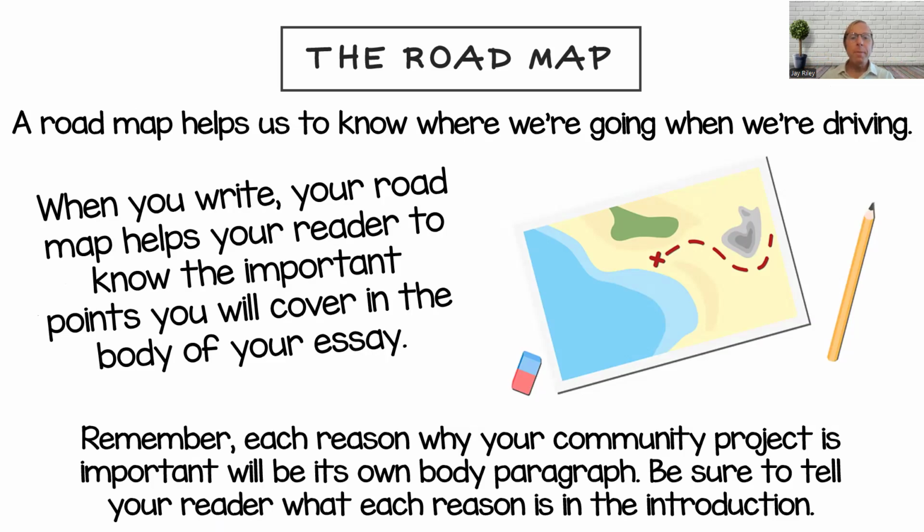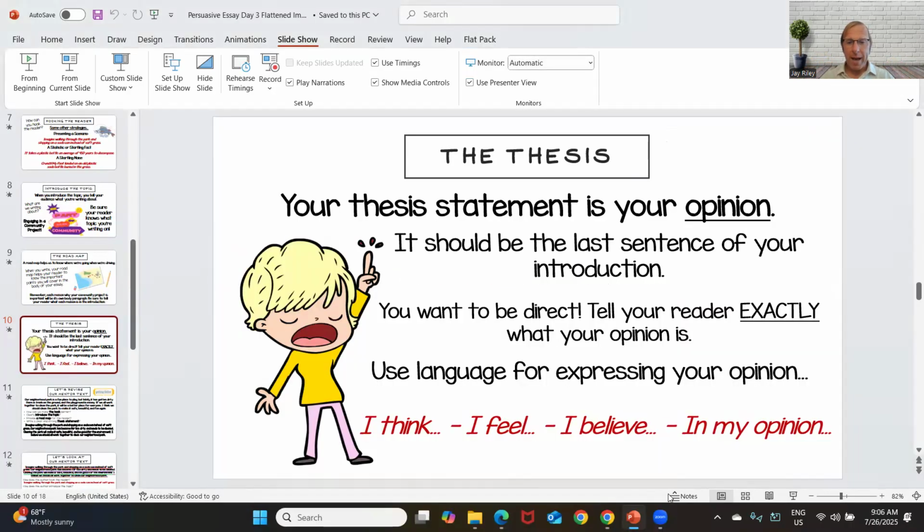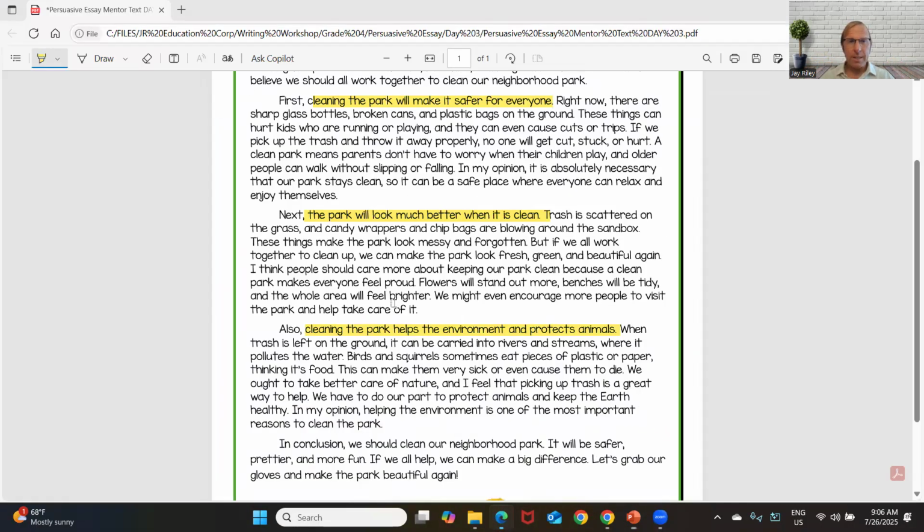So we have to make sure that our roadmap matches the three big reasons covered in the body of the essay. So before we get to our thesis, I want to go back and take a look here.